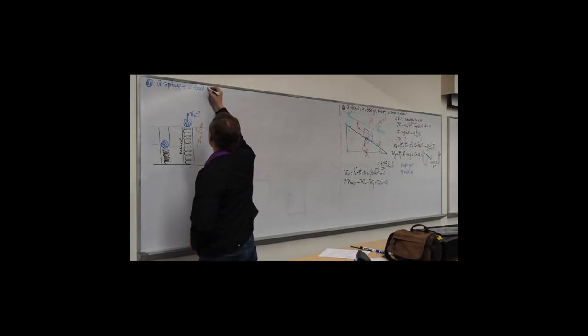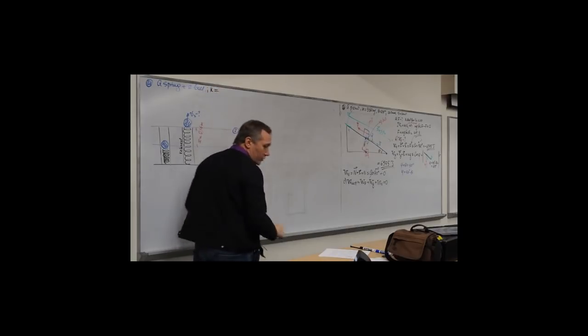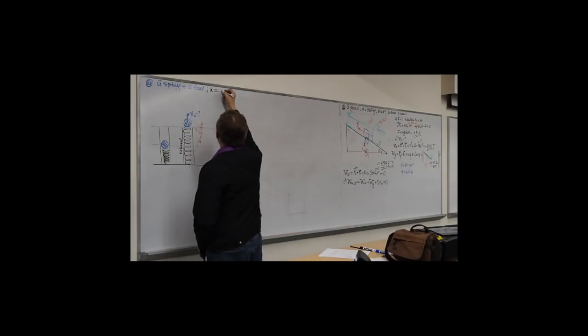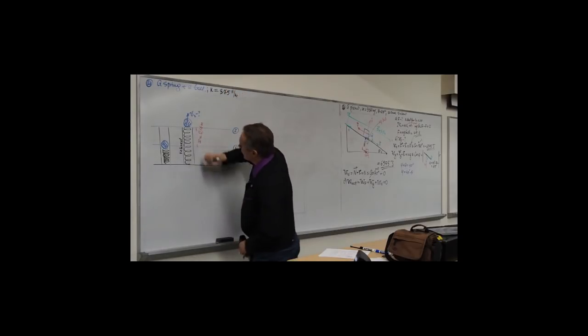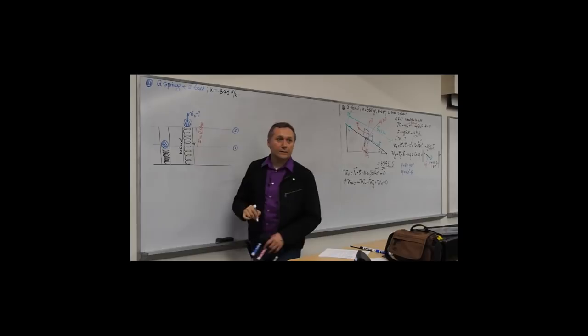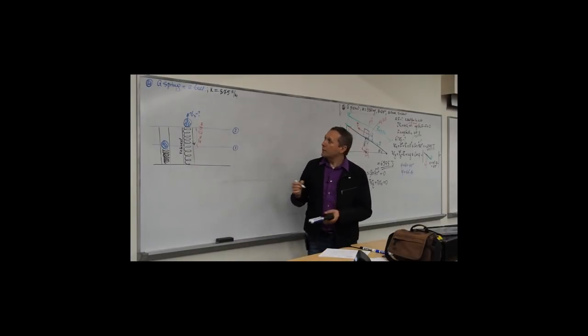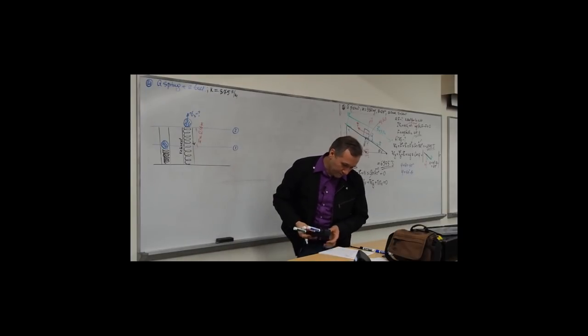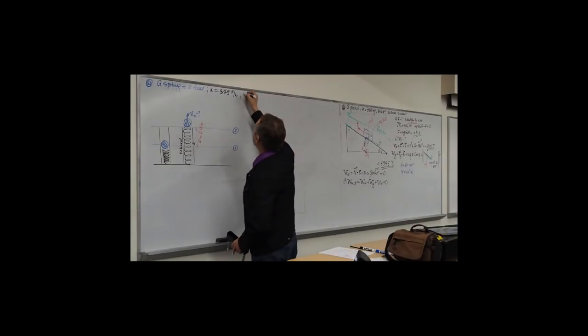K, the spring constant, is given. K, it's a large number, 875 newtons per meter. So the spring constant of the spring is given, right? And the mass of the ball is also given, 0.38 kilograms.